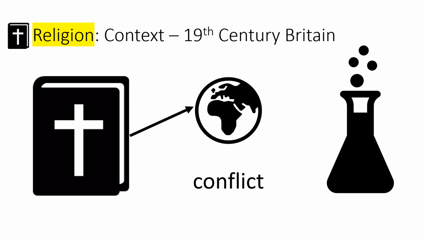However, throughout the 19th century, scientists had a different explanation. They had a theory. They believed in a process called evolution. They started to re-explain the Bible. They started to say, no, we've got more evidence now. We think that it's basically down to a process of evolution over millions of years.